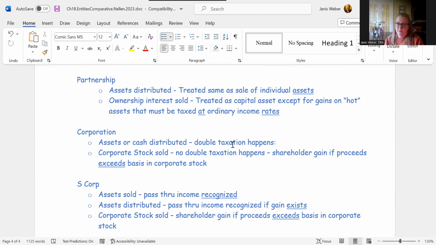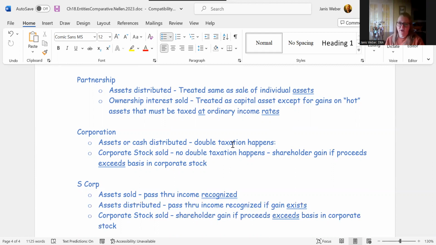But if the ownership interest is sold, in other words, 3 people own this partnership together, and one of them sells their ownership in the partnership back to someone else or to one of the other partners, then that partnership interest is treated as a capital asset, and it gets capital gain treatment on everything except what's considered these hot assets.